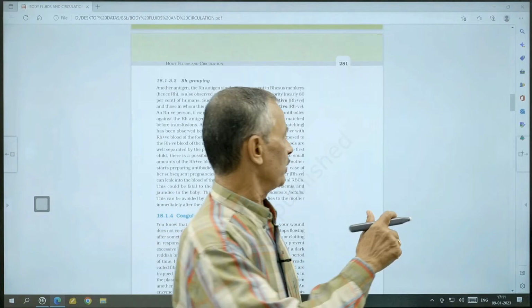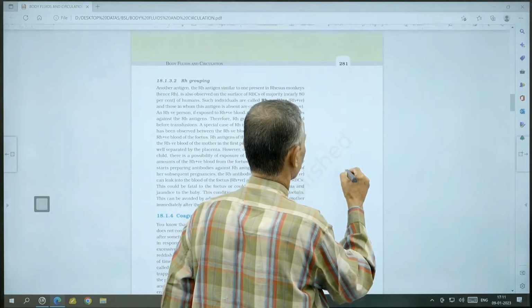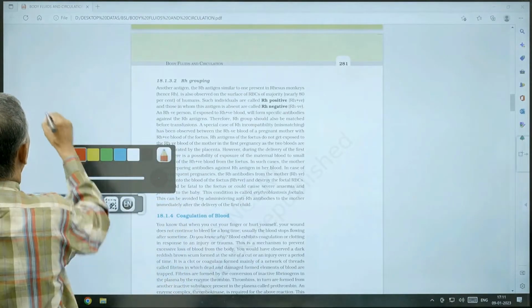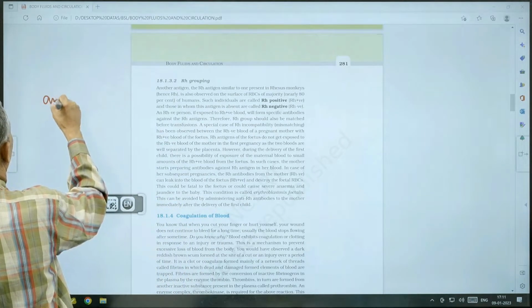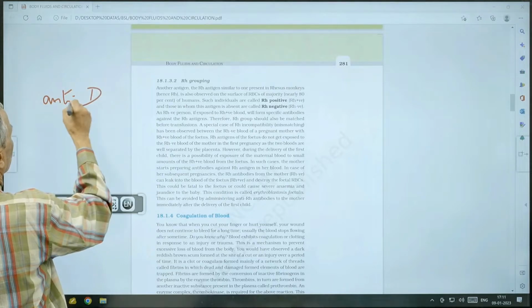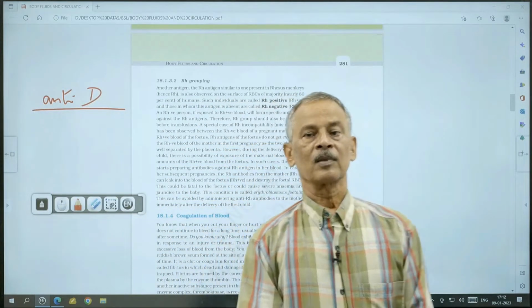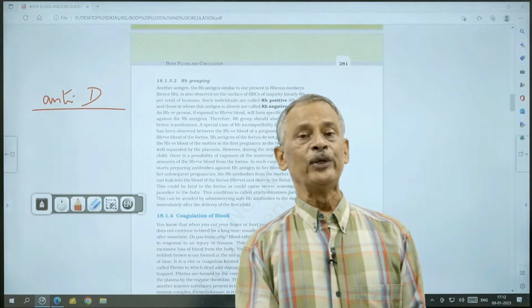RH antibody is called anti-D. But it can be induced.